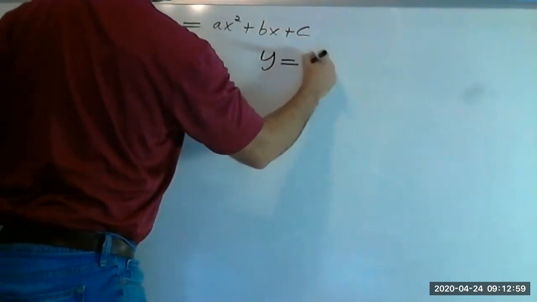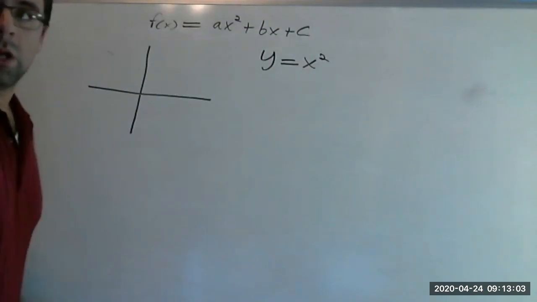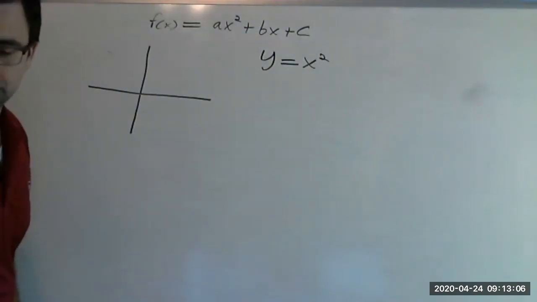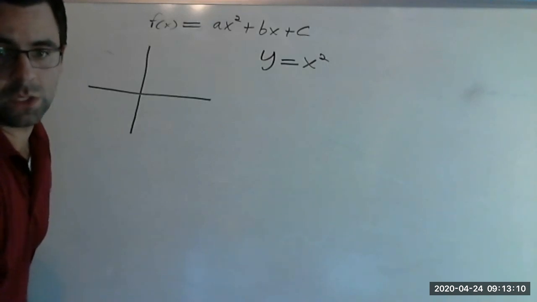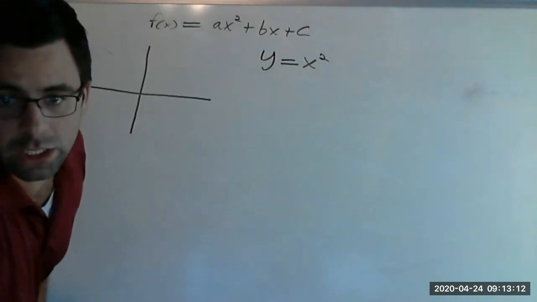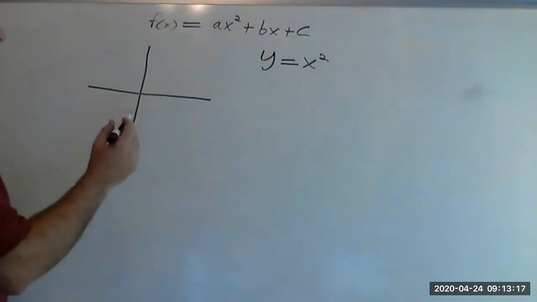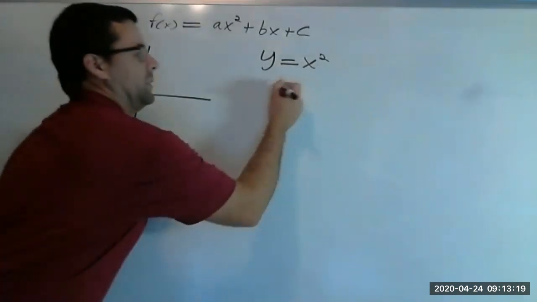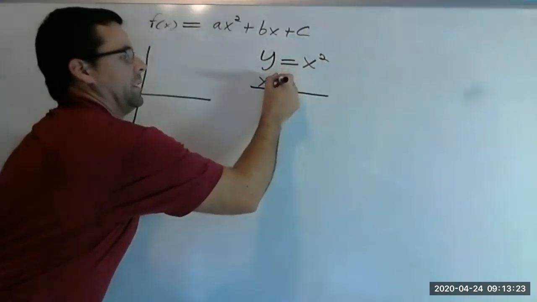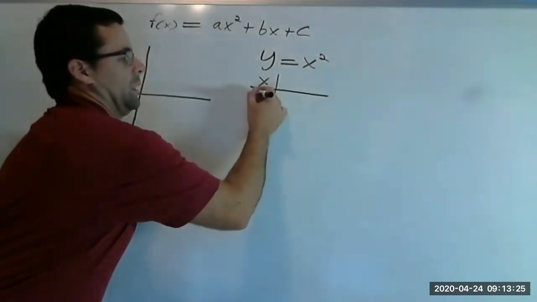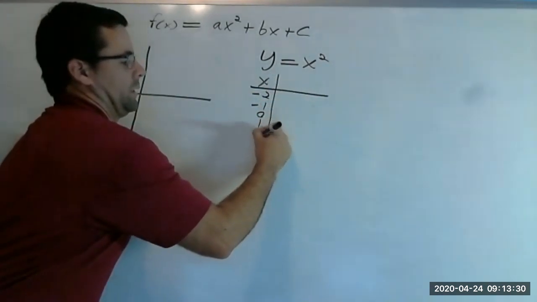y equals x squared. If you have y equals x squared, let's fill in some values: -2, -1, 0, 1, and 2.